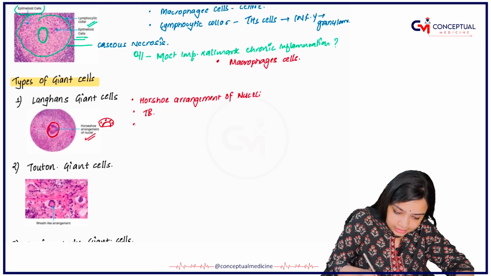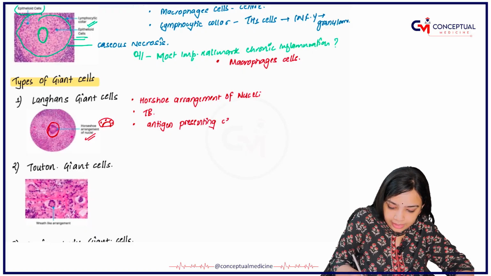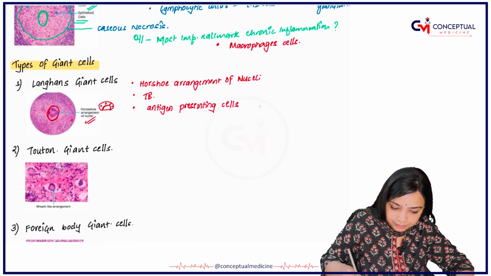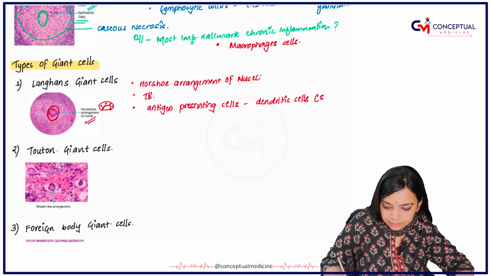The Langerhans cells are basically your antigen presenting cells, and they are mainly the dendritic cells which are found in the skin.